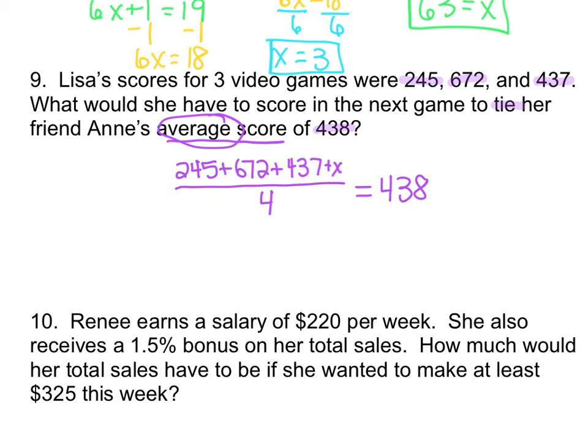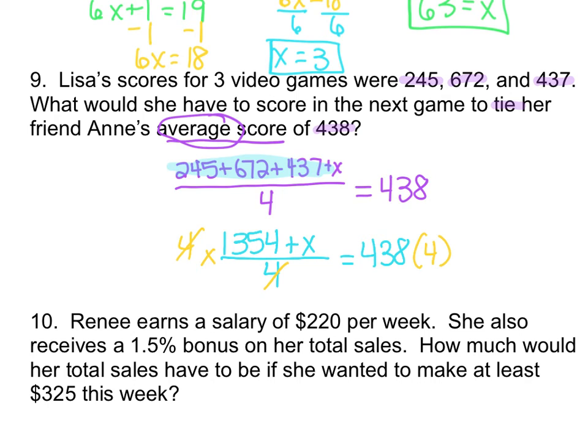So I'm going to go ahead and simplify by adding all of these together. And when I do that, I get 1,354 plus her 4th game divided by 4 for the average. And then I can solve it like an equation. I would multiply each side by 4.